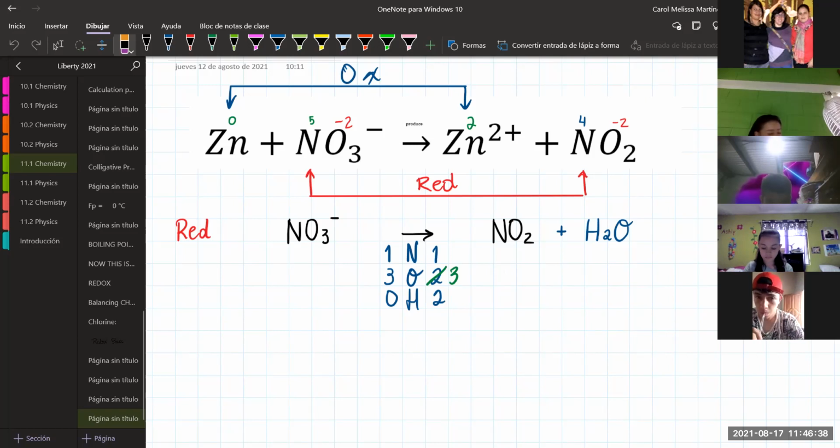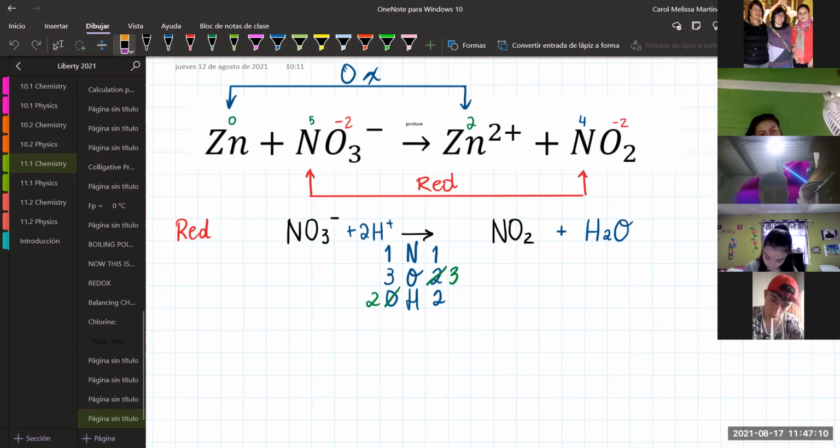And my H plus ions will depend on the amount of hydrogens that I need. I need 2 hydrogens, so I will add 2 H plus ions. And now my hydrogen will be balanced. As you can see, all the atoms are equal. You have nitrogen, oxygen, and hydrogen, the 3 of them are balanced.